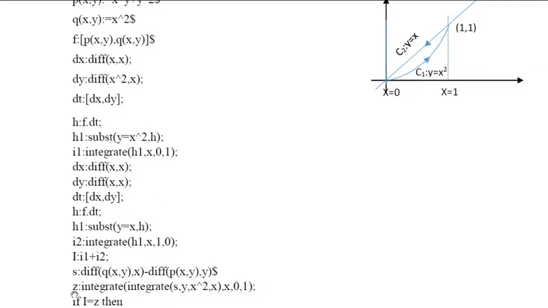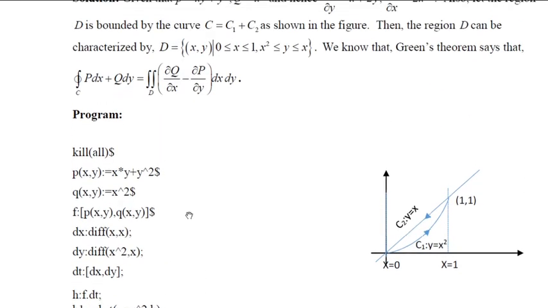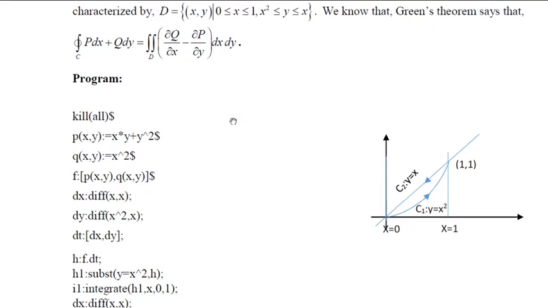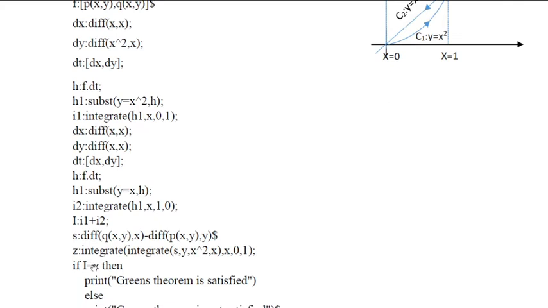So your double integration, right hand side, is stored in z and left hand side is the line integral, which is stored in I. We knew that if Green's theorem holds, then these two must be the same. So if I is equal to z, then print Green's theorem is satisfied, else print Green's theorem is not satisfied. In this way you can write a program to verify Green's theorem.